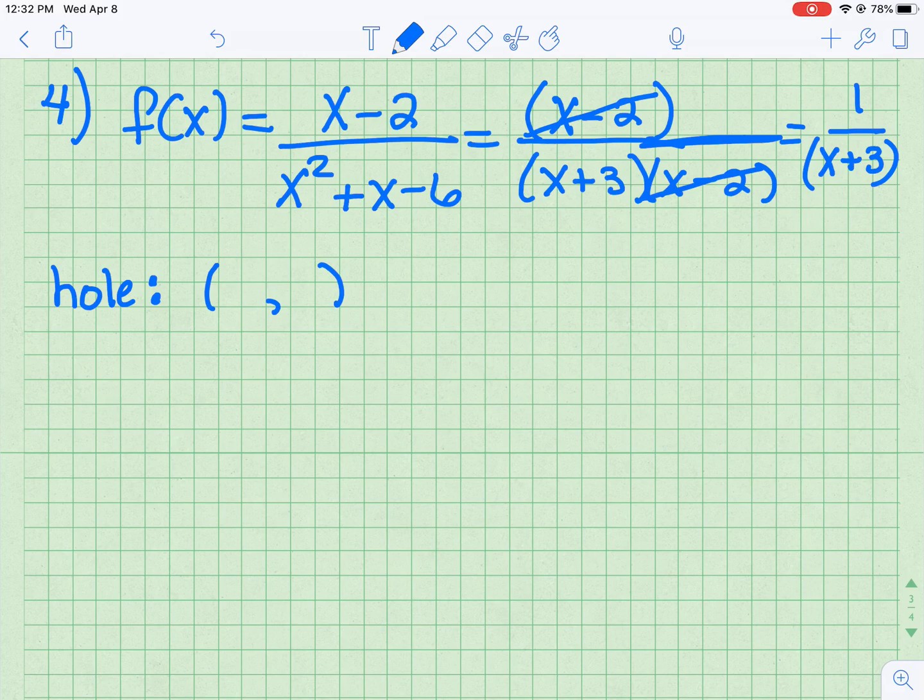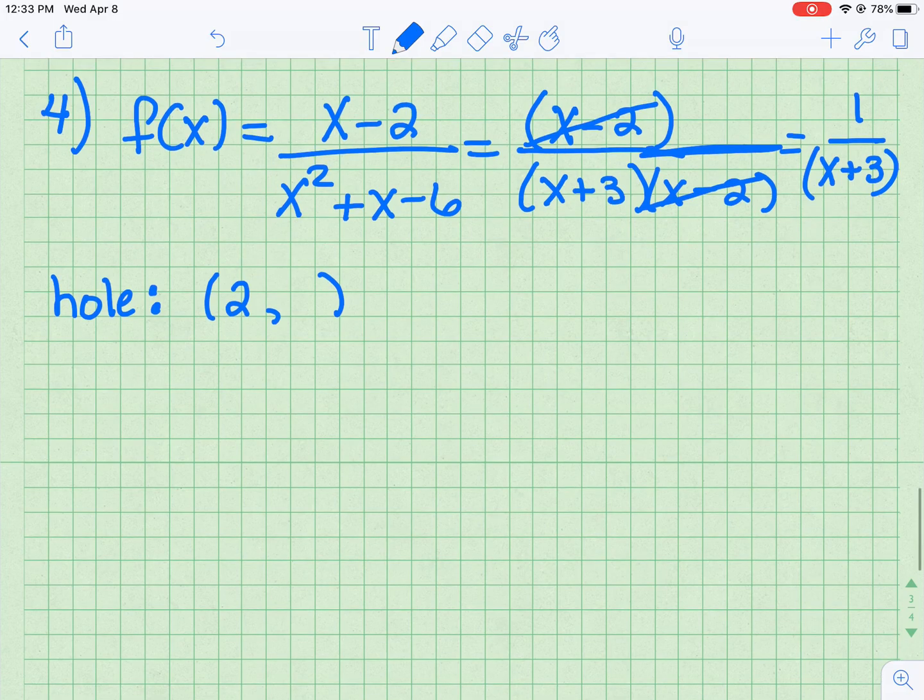That means there's going to be a hole at 2 and something else. We have to figure out what that point is, but we know the x value is 2, because of this right here, x minus 2. In order for that to be 0, we'd have to put a 2 in there. So we're going to wait till we look at the graph, and I'll show you an easy way to find out where that hole is.